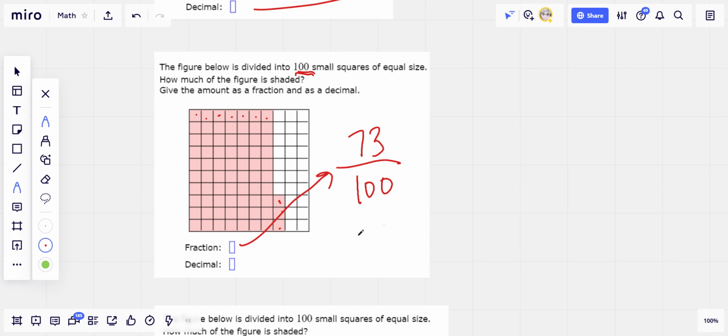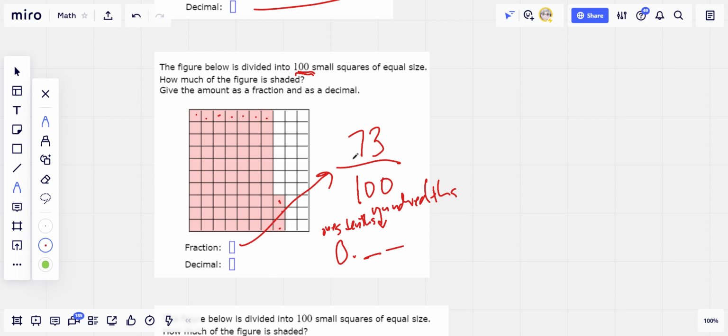And with the decimal, just like before, we had our ones place, and then our tenths place, and then the next place is the hundredths. So we're going to have 2 places after the decimal point when we're talking about hundredths.